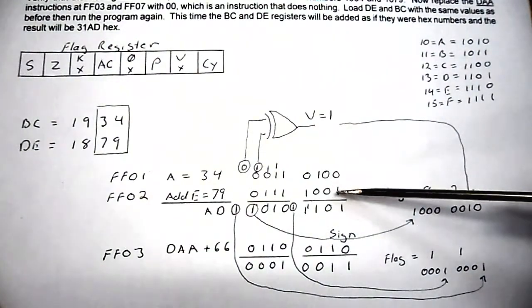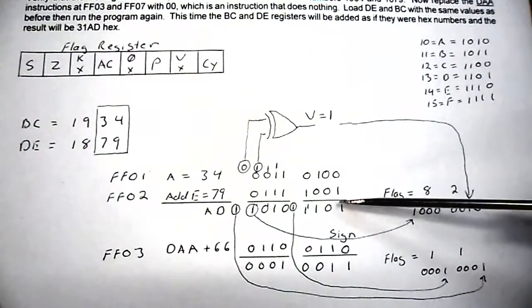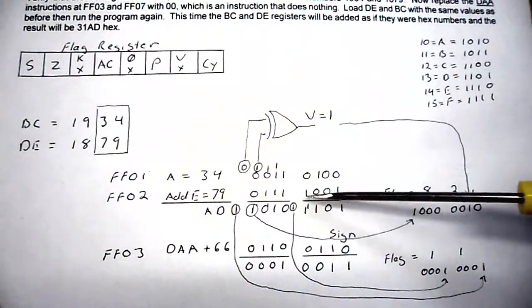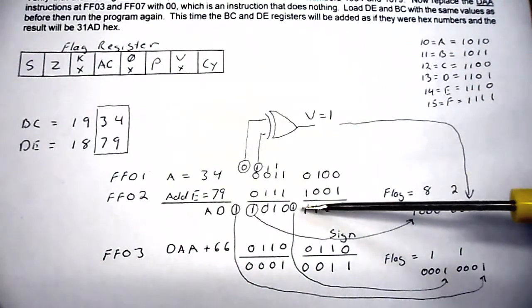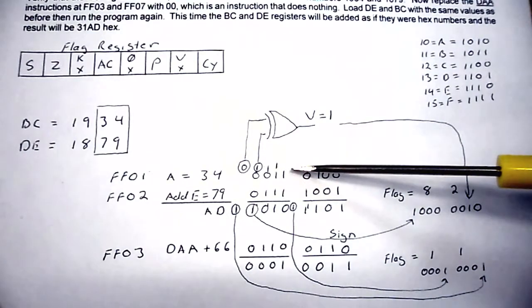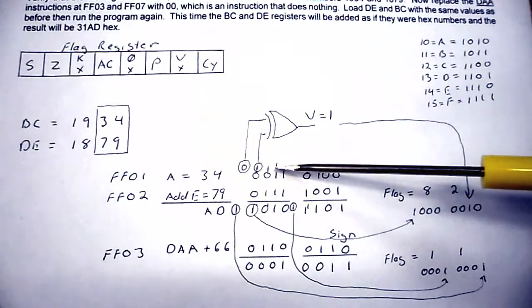So you have to add the bits together to find out what flags get set. So 1 plus 0 is 1, 0 plus 0 is 0, 0 plus 1 is 1, and then 1 plus 0 is 1. So the auxiliary carry bit did not get set. Then for the next part, 1 plus 1 is 0, carry the 1.